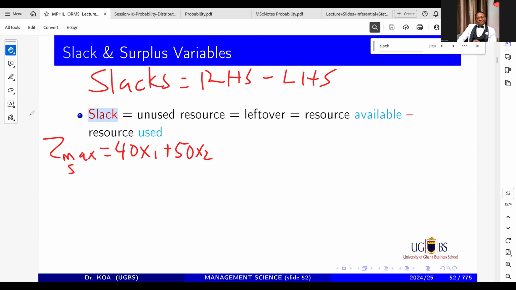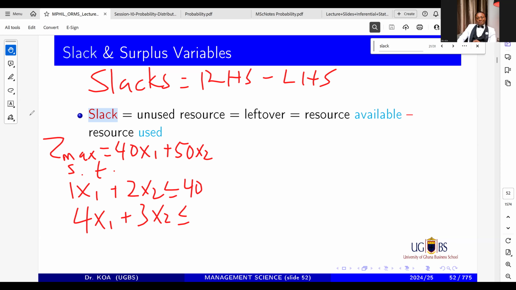And we indicated that this is subject to 1 unit of fan yogo, 2 units of fan choco, less or equal to 40 hours of labor. And then 4 units of fan yogo and 3 units of fan choco, less or equal to 120 gallons of milk. You know this already. And that's your non-negativity constraint. You know this also already.